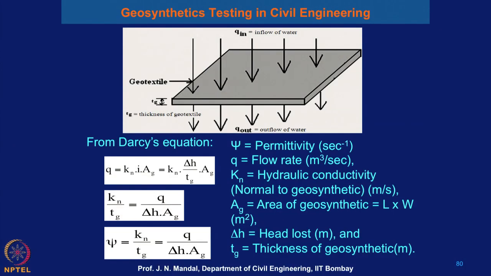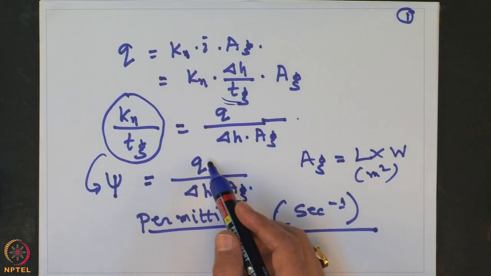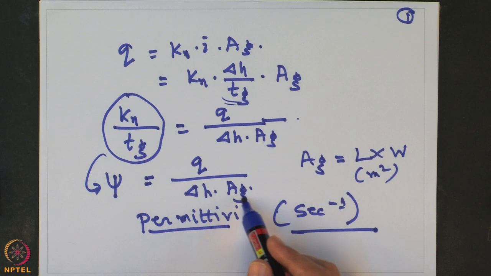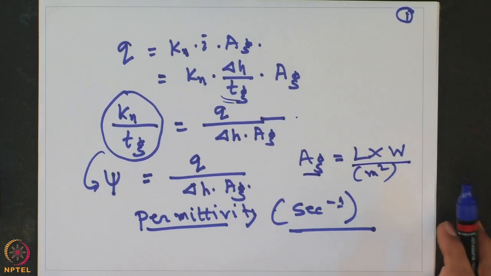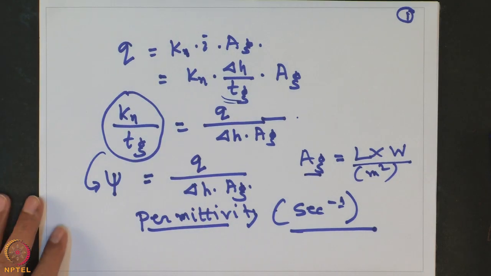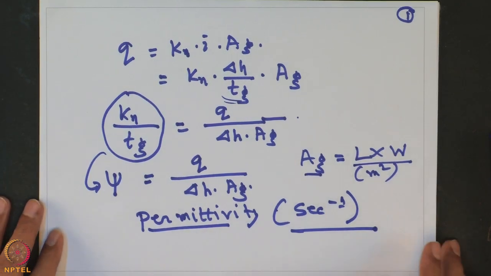So knowing the quantity of flow of water passing through the geotextile, the head loss, and the area, that is length times width, you can determine the permittivity.